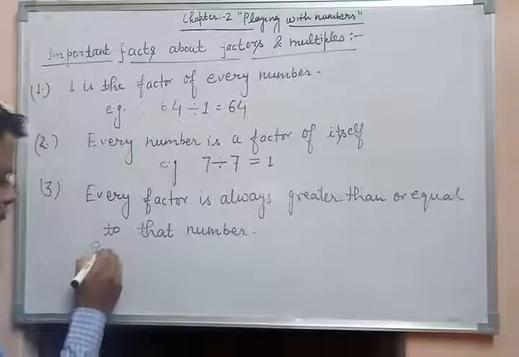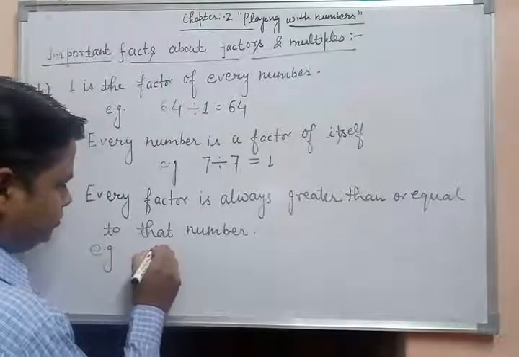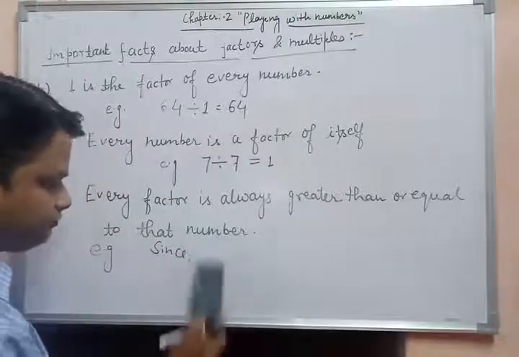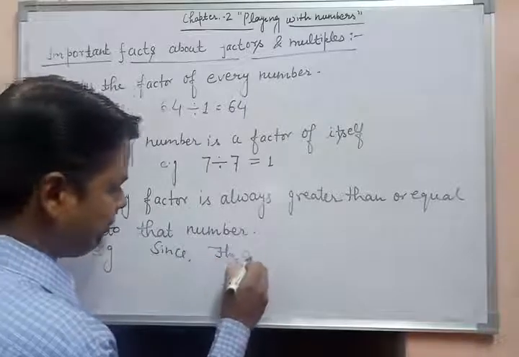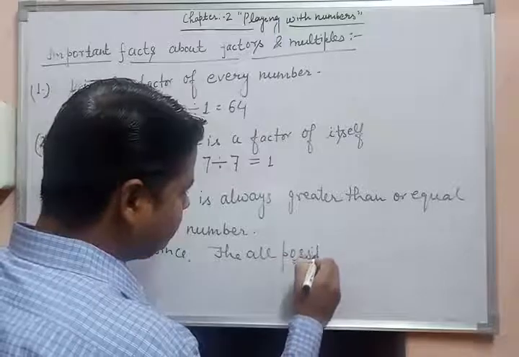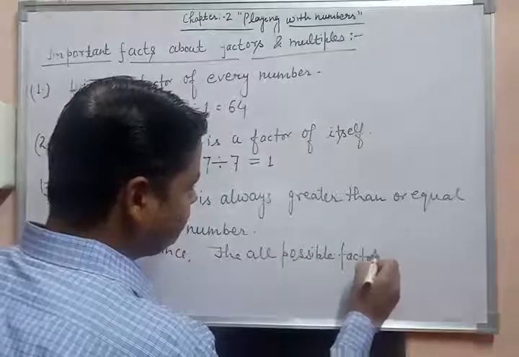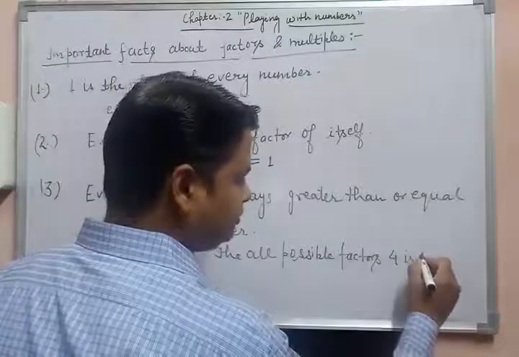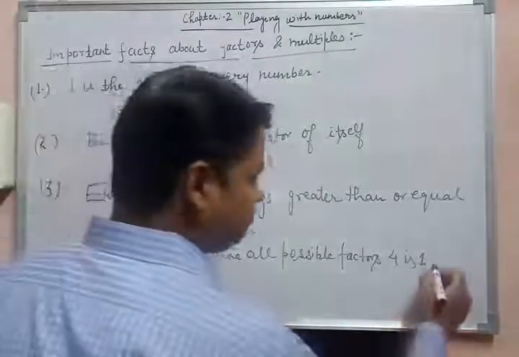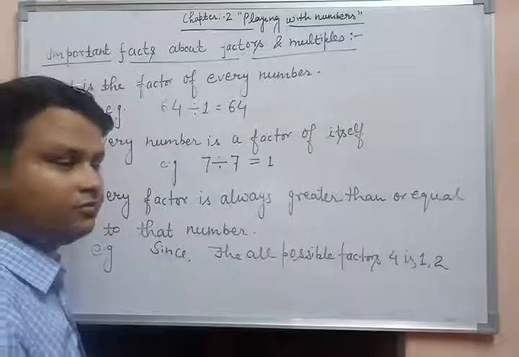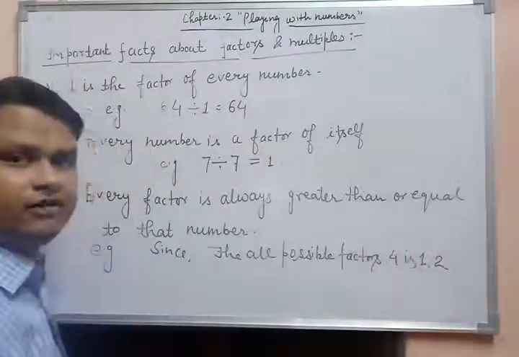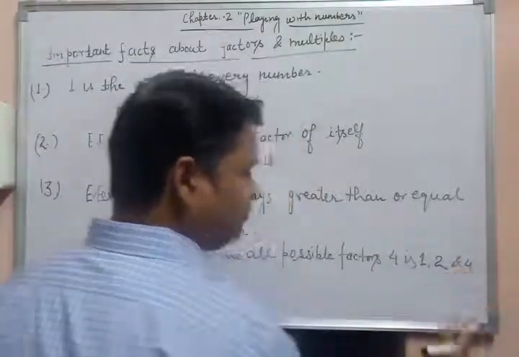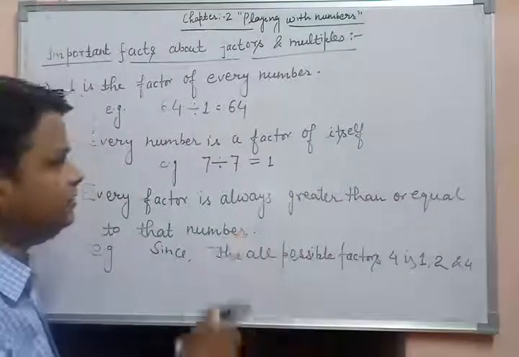For example, all possible factors of 4 are 1, because 1 is the factor of all the numbers; 2, because if we divide 4 by 2, then we will get the remainder 0; and also 4, because every number is a factor of itself.